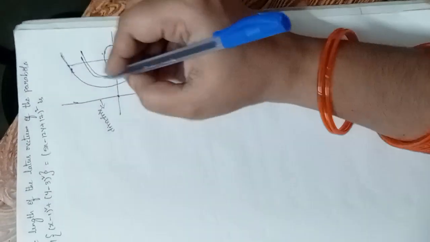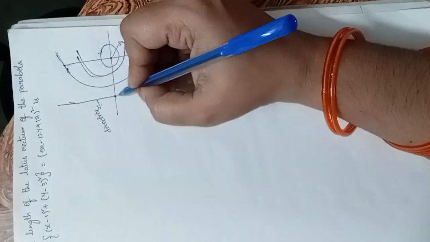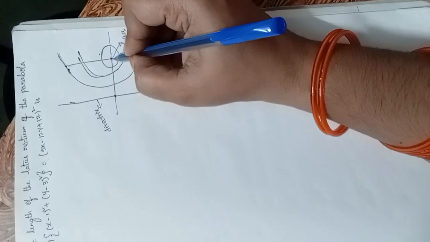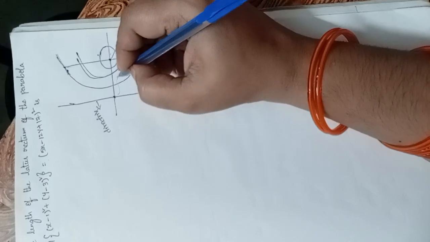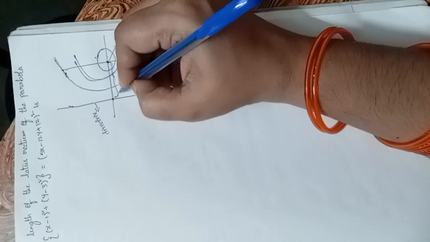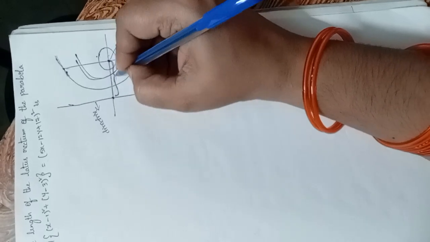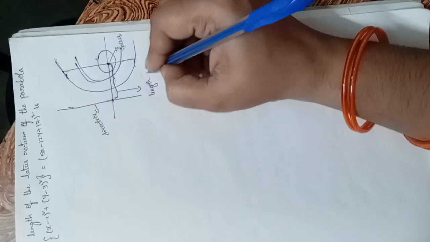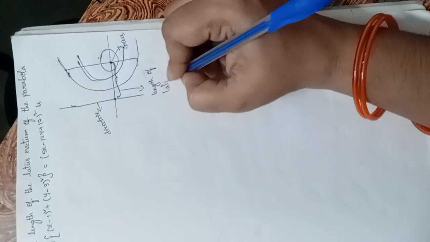This is the perpendicular distance between the directrix and the focus. So this will be the length of the latus rectum.